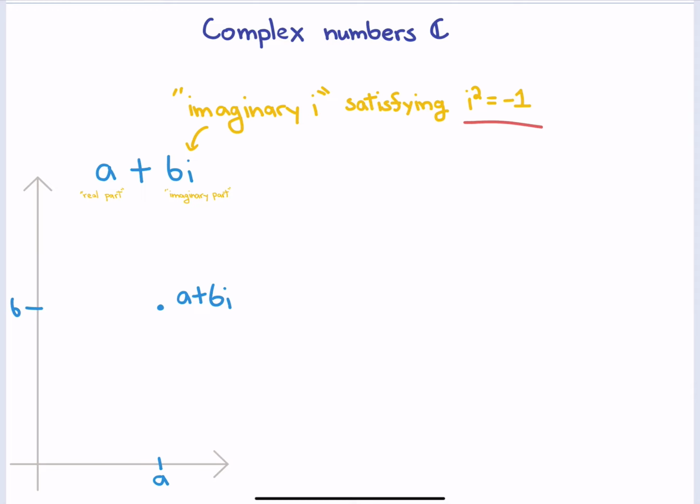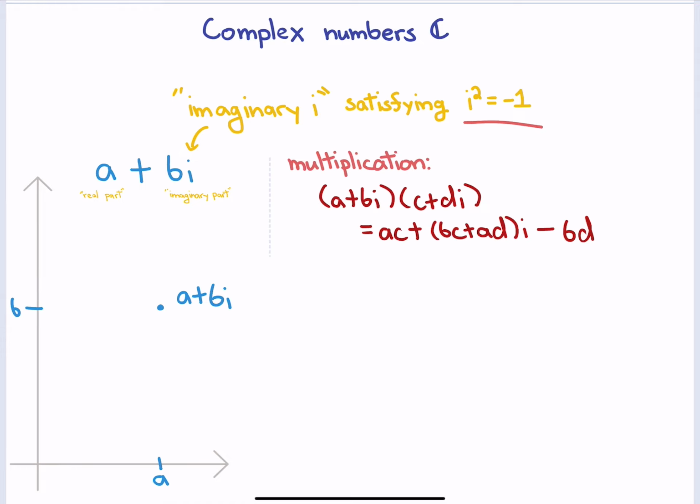All right, so when you multiply two complex numbers together, which is really multiplying two sets of two numbers, if I'm multiplying a plus bi times c plus di, that should be similar to what you'd expect algebraically.